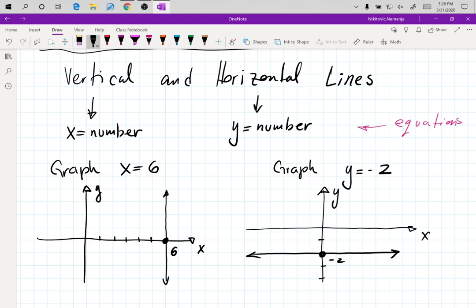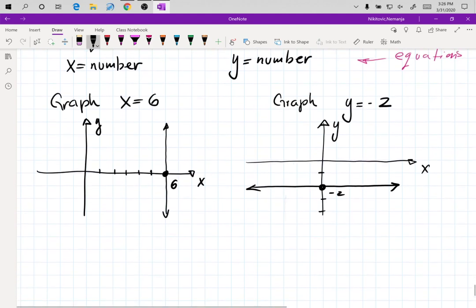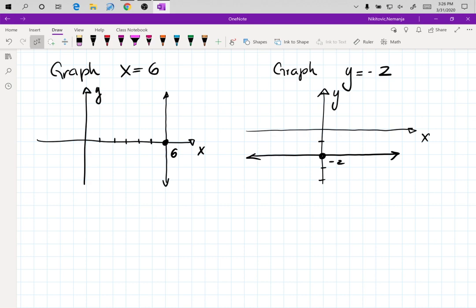Now, I'm looking at some of the problems in the book, and one of the problems, and I remember this problem actually making some issues on the final for a lot of students.